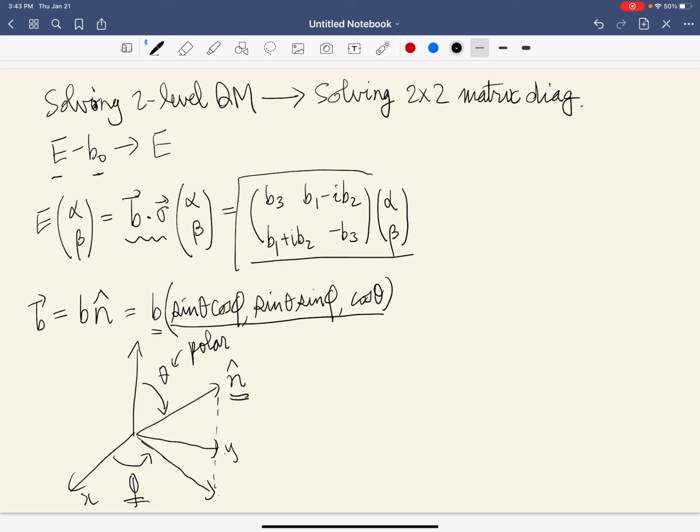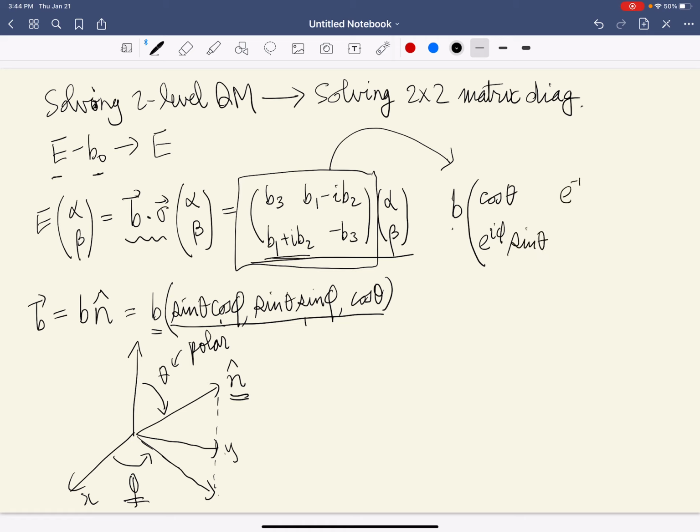So now, using this spherical representation, I can write my 2x2 Hermitian matrix by first taking out the amplitude part, B, and then B3 is just cosine theta, and then B1 plus iB2, combining these two numbers, will be equal to some phase times sine theta.